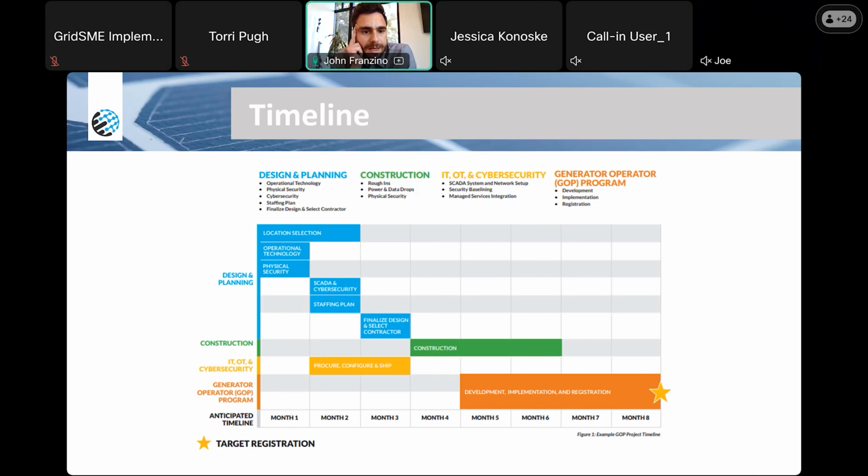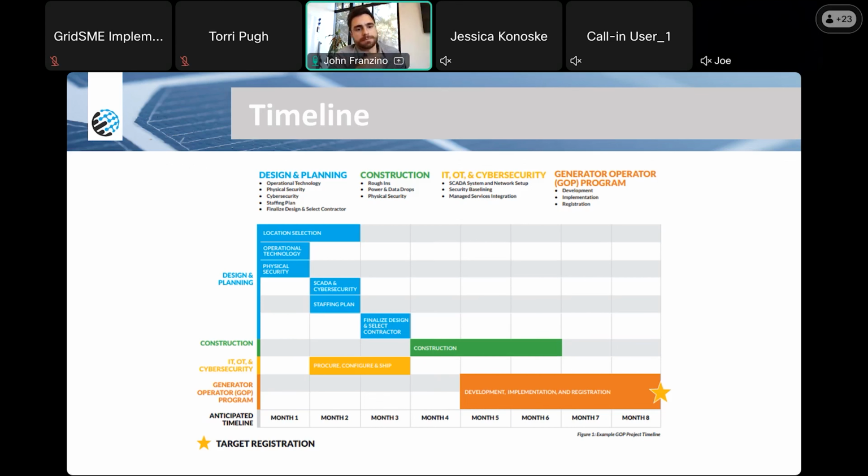And that green line there for construction, if you are physically building a new facility, of course, that's the big variable: construction delays, et cetera, that must be accounted for if you are considering standing up a new control center.